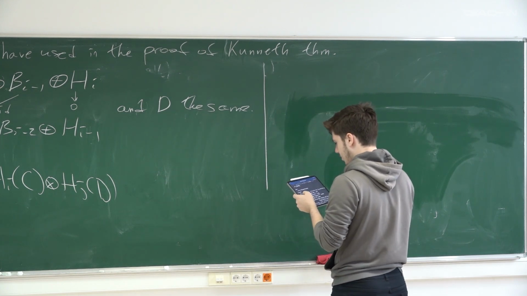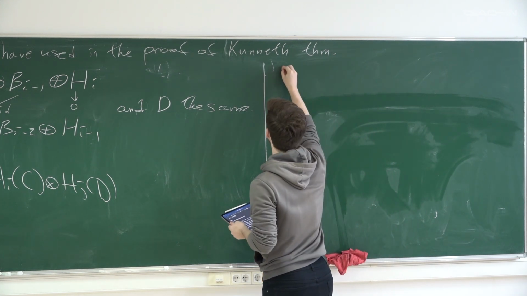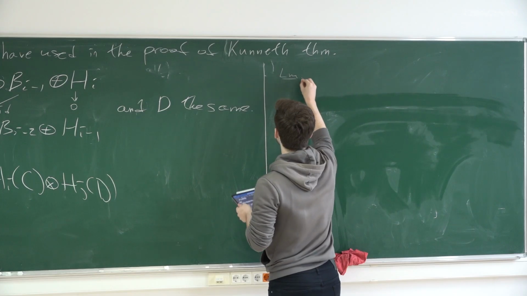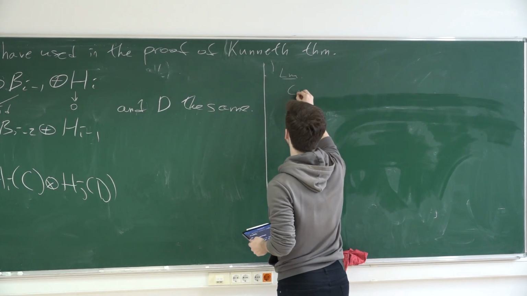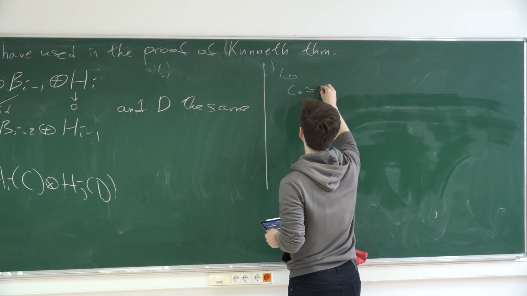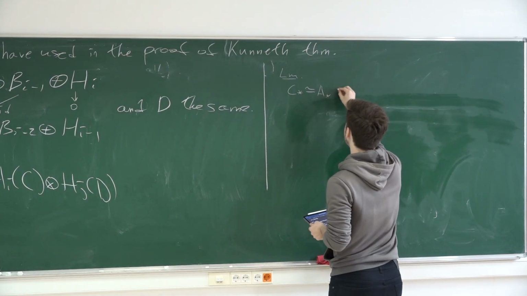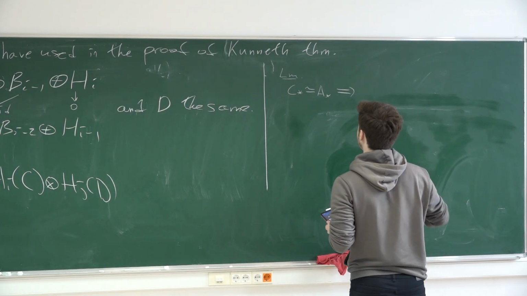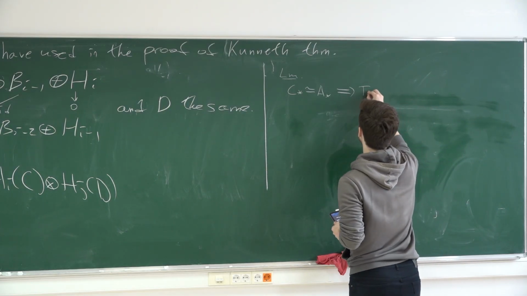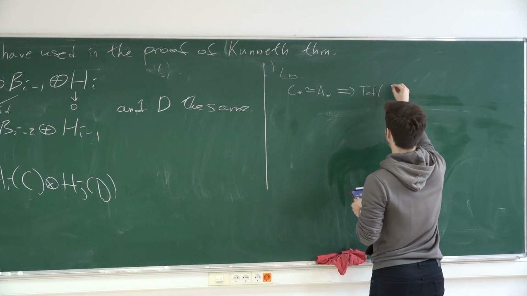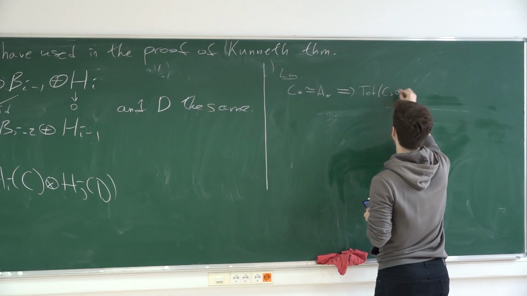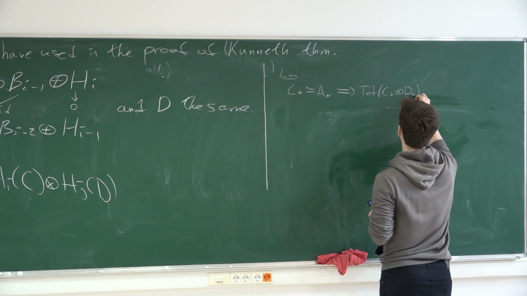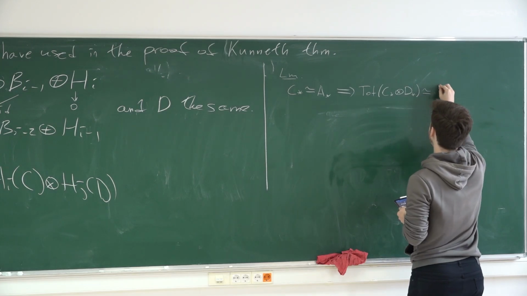So I need a lemma. The lemma is like this. If I have one chain complex which is homotopy equivalent to another chain complex, then the total chain complexes, with D tensored, are homotopy equivalent to each other.